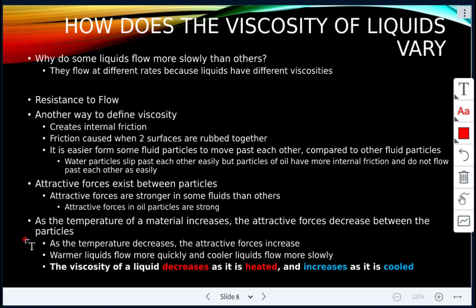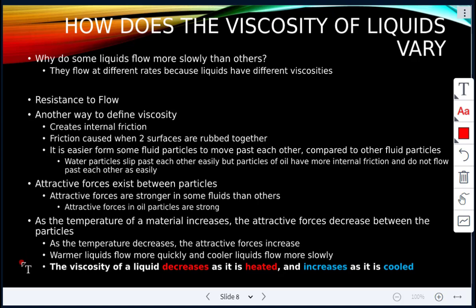This example was talking about if you decrease temperature, the attractive forces increase. Think about coconut oil or honey. If you make the temperature cooler, then that honey or coconut oil becomes more thick. But if you increase temperature, it will again become more thin. Warmer liquids are able to flow more quickly, and cooler liquids will flow more slowly.